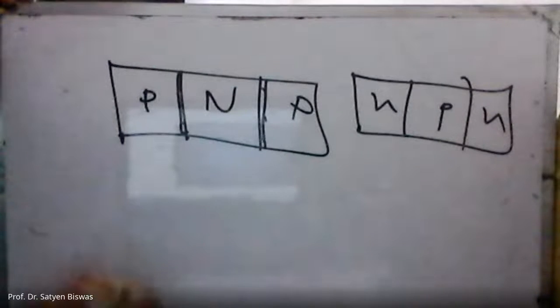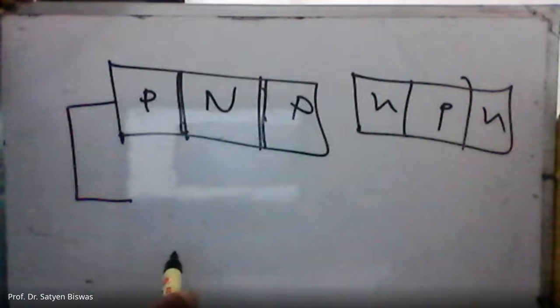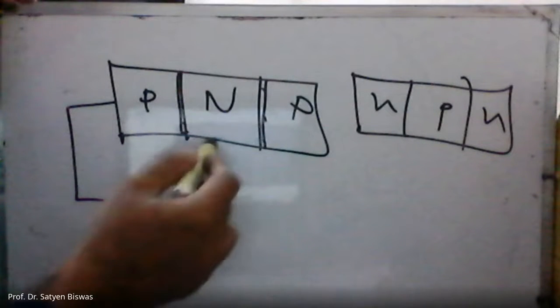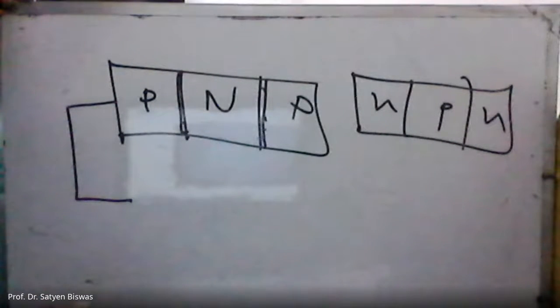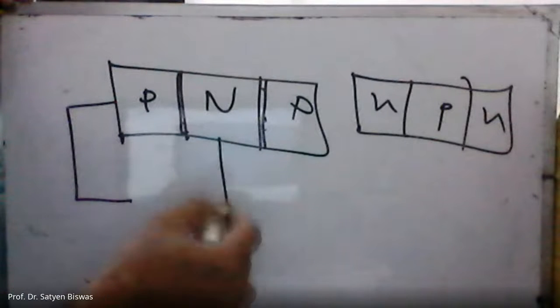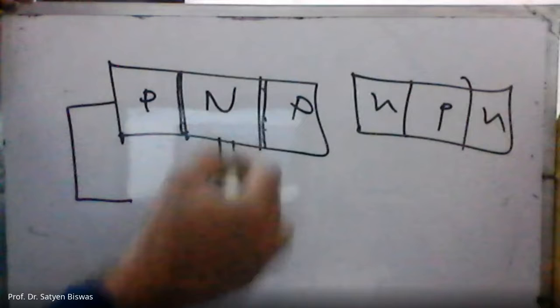So now how does this transistor work? Since there are two diodes, we need two voltages, right? So one voltage is here, and another voltage is between here and here, right?